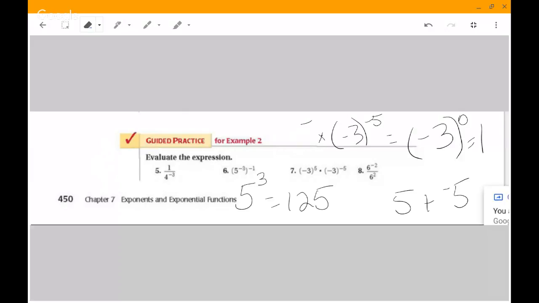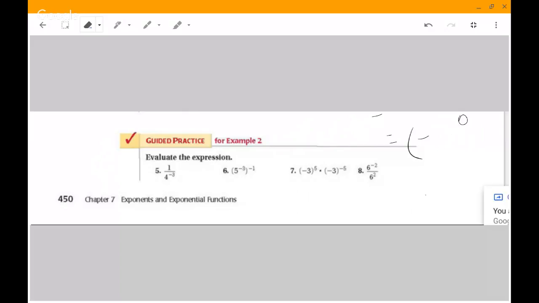I'm going to erase some of this stuff. So sometimes these problems that look a little daunting and scary at first are pretty simple once you start simplifying them step by step. So just be courageous and start. Okay, so now we have a quotient one. And when it's a quotient, what do we do with the exponents?